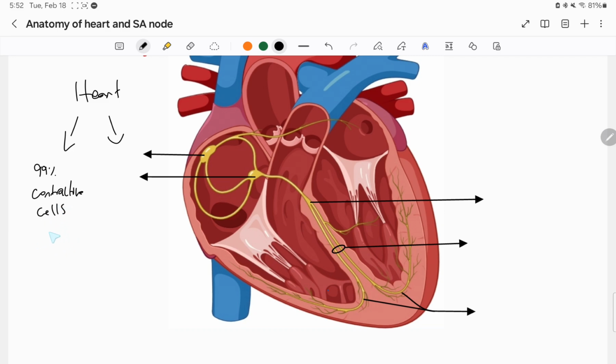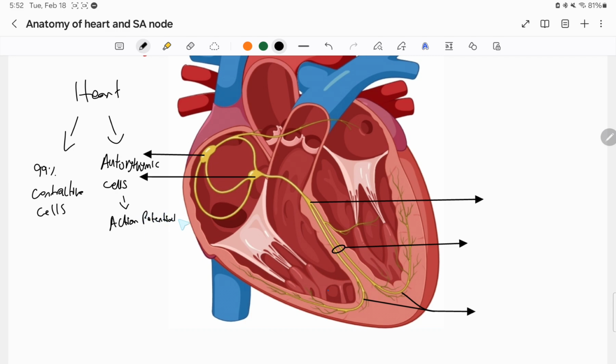Those are the ones that actually contract and generate the power to pump blood. But then there are these other cells, called autorhythmic cells. These autorhythmic cells, while small in number, are the ones that are actually creating action potentials.